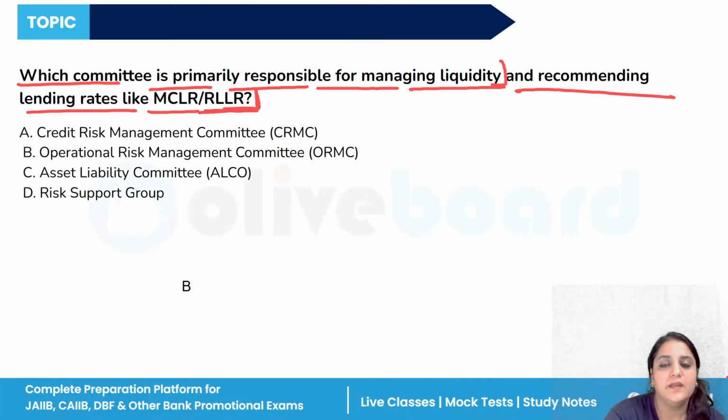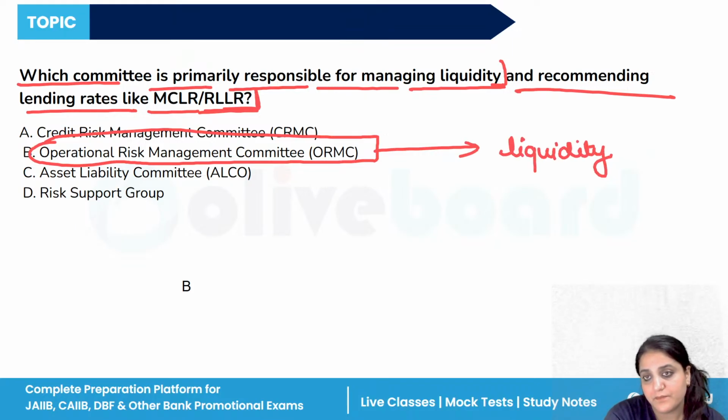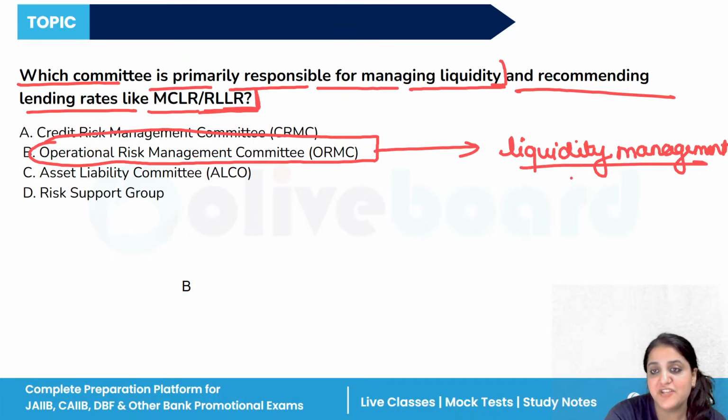According to me, the correct answer is the Operational Risk Management Committee. They are responsible for liquidity management as well as for the management of benchmark lending rates like MCLR and RLLR.